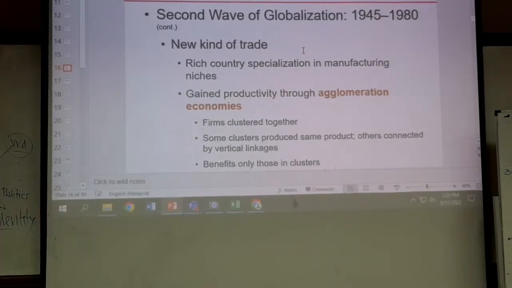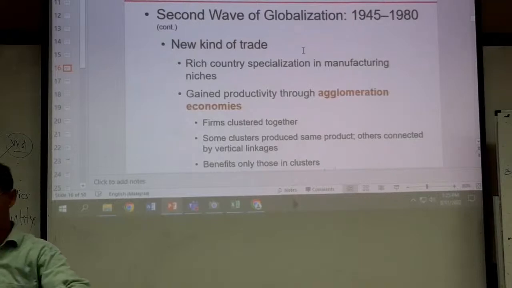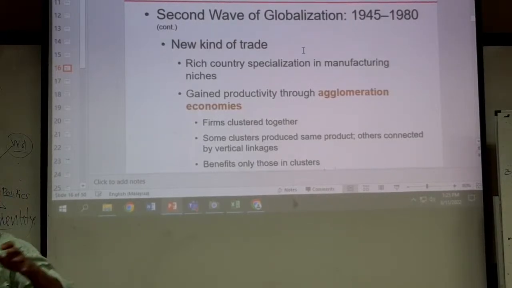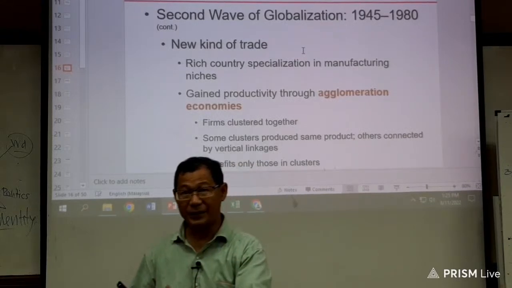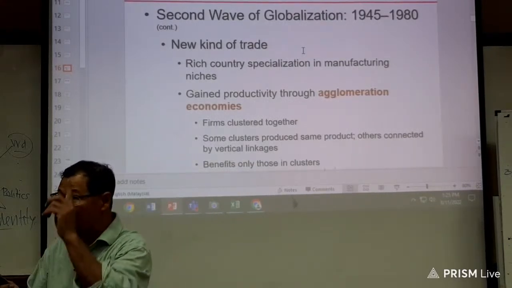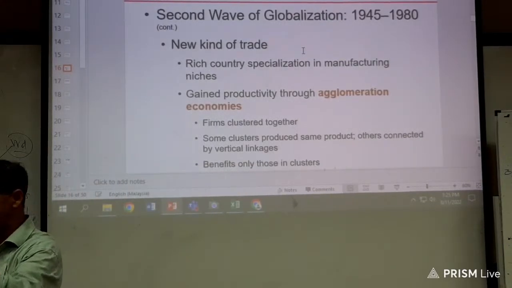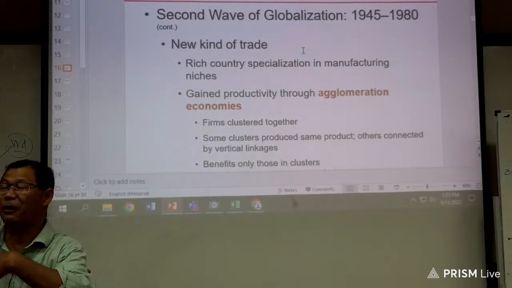Electronics, they are gathering in one place, in Penang. That's agglomeration economics. When companies of the same industry are located in one place, they get the externality, which we will learn. Externality gives them two things: economies of scale and spillover of technology.